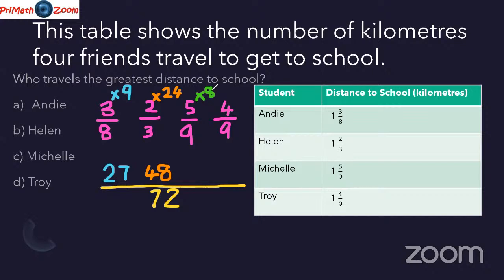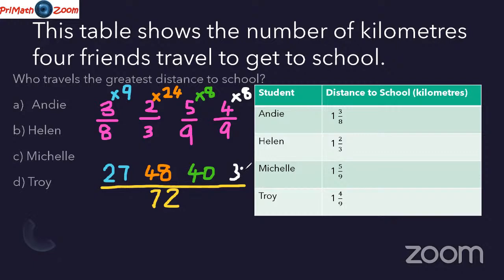So 5 times 8, 5 multiplied by 8, that would be 40. And 9 into 72 is still 8. So let's multiply that by 8. 8 times 4 is 32.